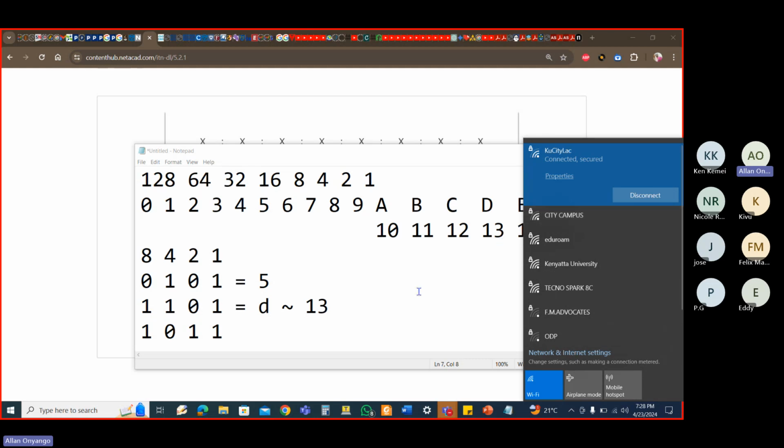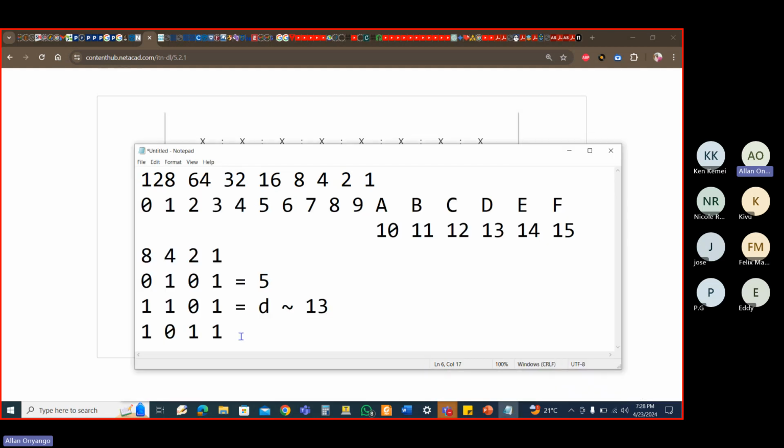Okay, so anyway, let's see this out. So 11 will be 1, 0, 1, 1. That is equivalent to 11.